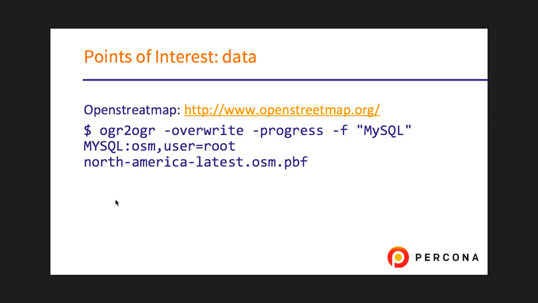You can use this open source tool, Ogr2ogr, to convert and load it directly to MySQL. Again, it's using this OSM PBF format. It's a compressed format, but it can be read directly by Ogr2ogr.